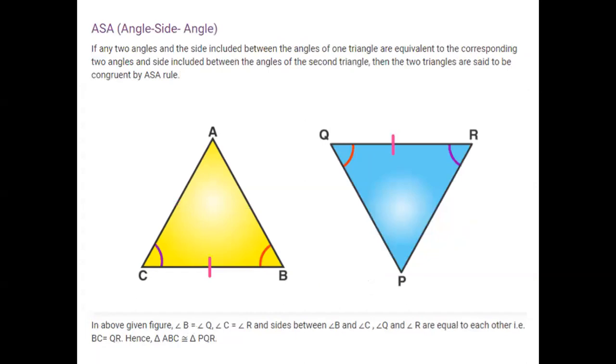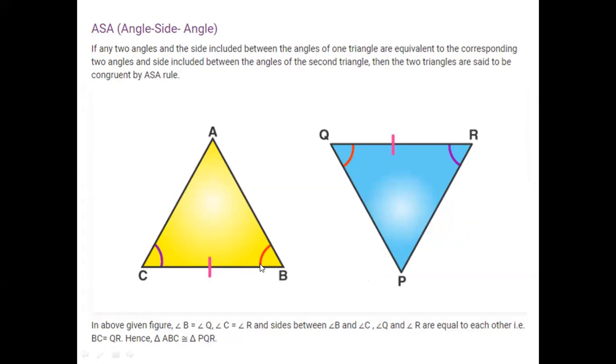And then we have angle, side, angle. This is the other theorem that is used. We need to do the corresponding side and the corresponding angles. For example, we need to know that the angle C is equal to the angle R. Then we have the side where the two angles lie, that is CB equal to RQ.